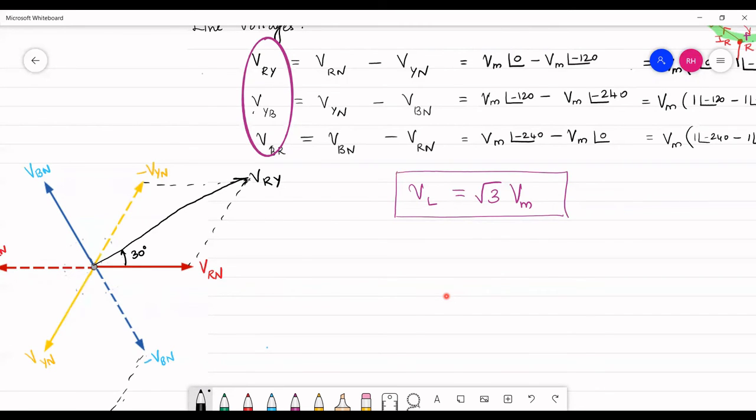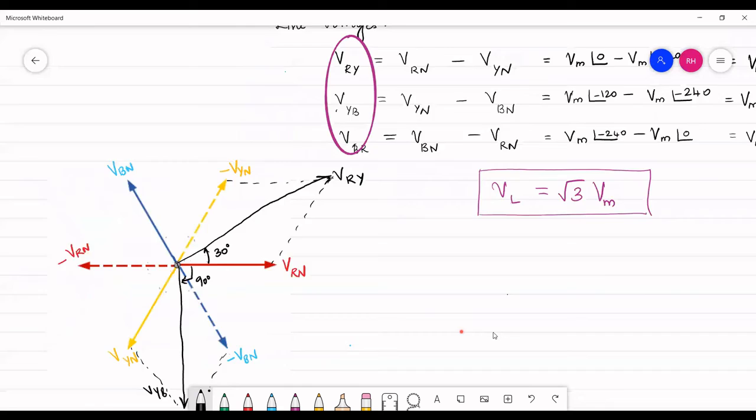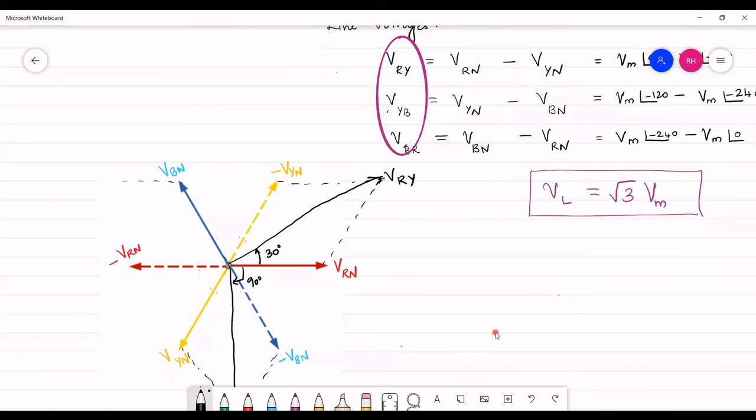The same is now repeated to draw the phasors of VYB and VBR. It could be seen that VYB makes an angle of 90 degrees with the reference, and VBR is drawn by adding VBN and minus VRN. This line voltage VBR makes an angle of 150 degrees with the reference.